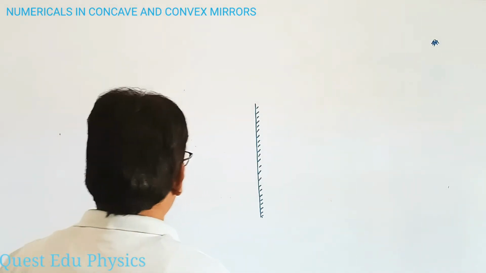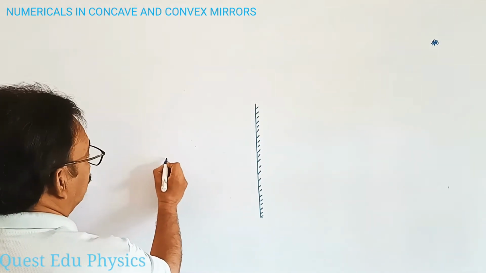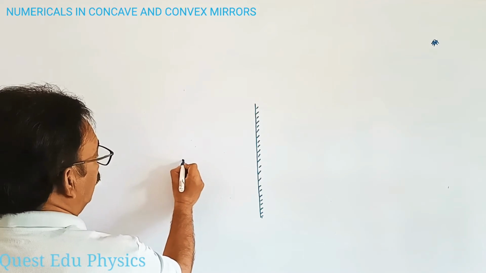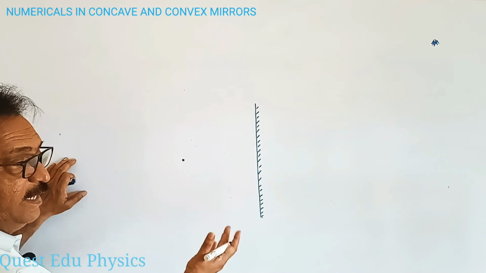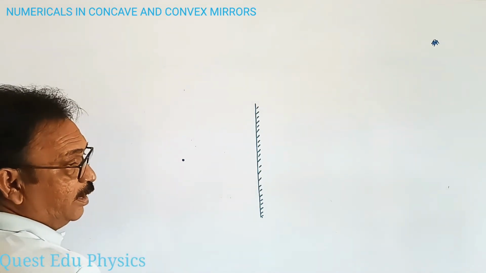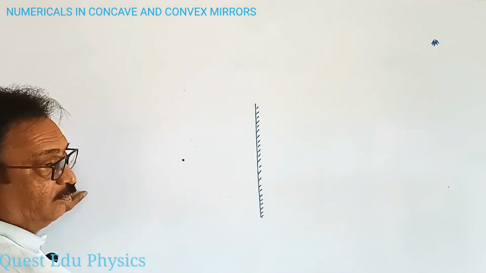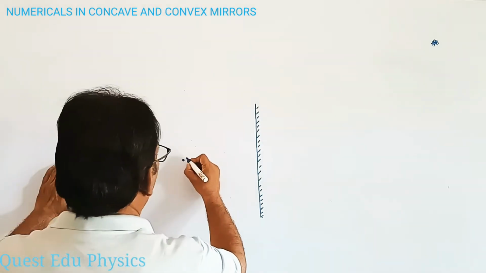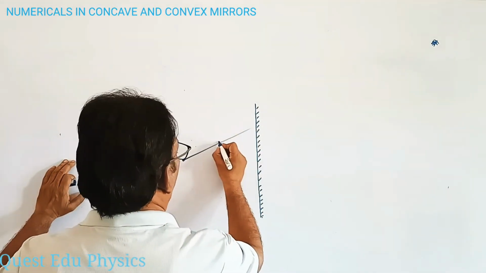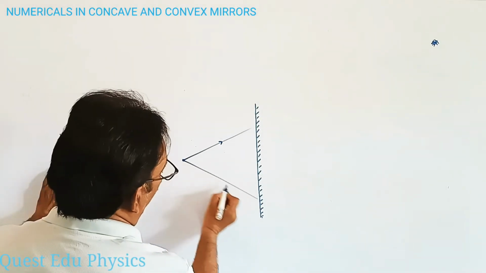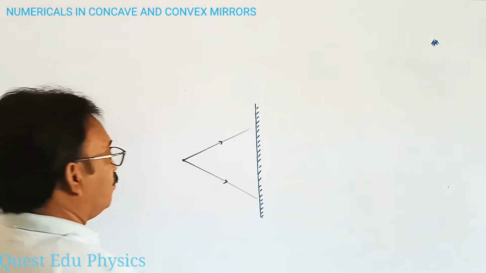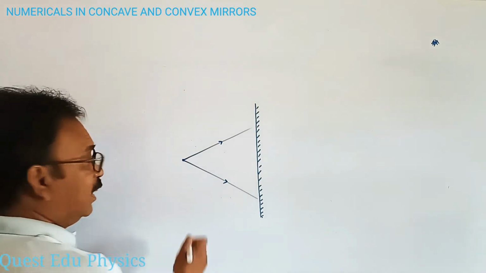Just imagine that we kept an object here. Then, where do we see this object inside the mirror? The answer is simple. One ray appears to be passing like this, and one ray. Okay, students. These are the rays.